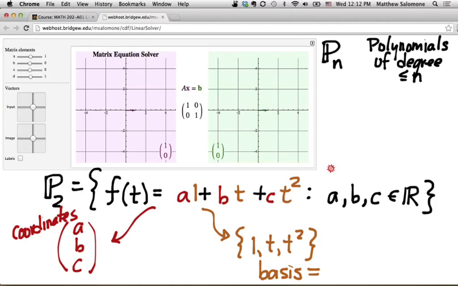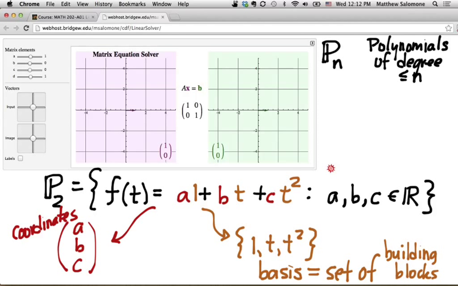That the basis of a vector space is kind of our set of building blocks. And then the coordinates are the way that we build an element from those building blocks.